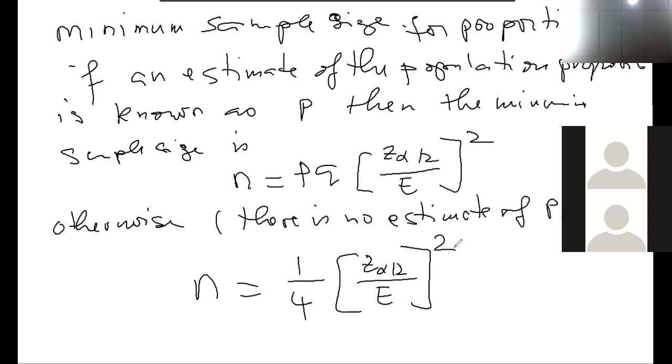So if we have this, we can solve for square root of n. Square root of n will be Z alpha over 2 divided by E times square root of PQ. And if you square both sides, you will have n equals PQ times Z alpha over 2 over E, squared.